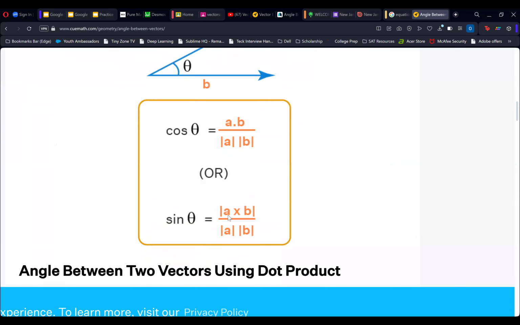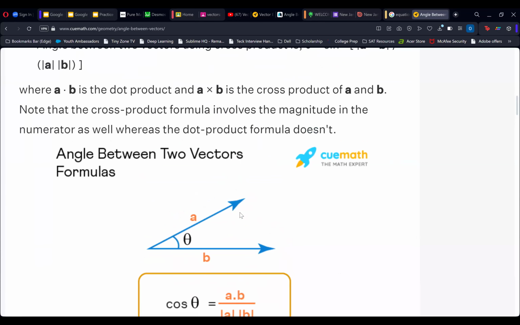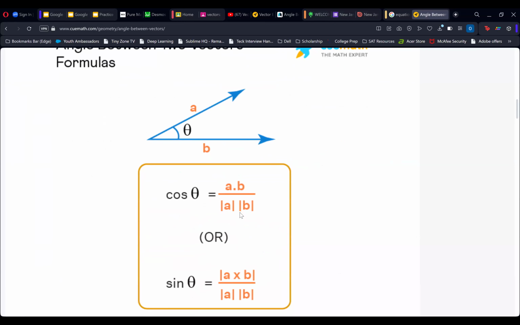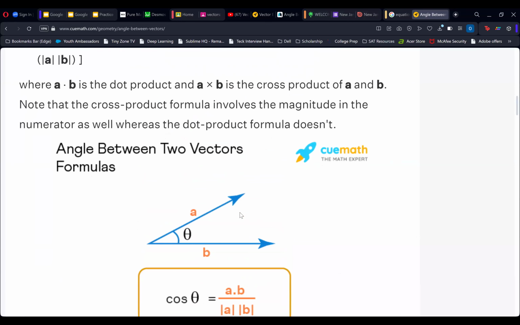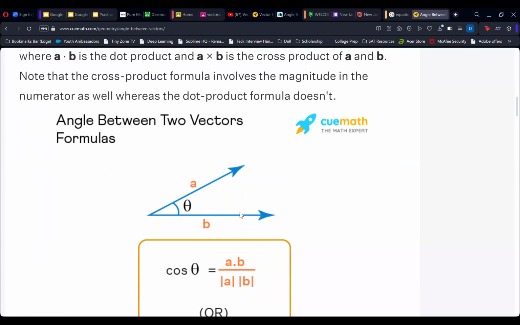There is a sine version which has cross product. Cross product is not covered on the CAPE syllabus, but you won't need it until undergraduate, okay? So only cosine theta equals A dot B over the magnitude of A and B. It's very important that you memorize these equations.